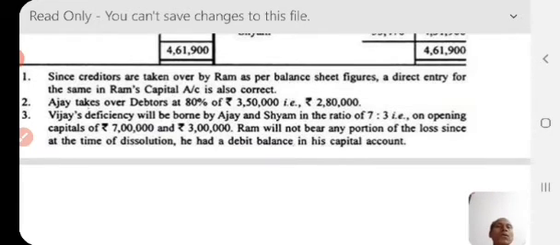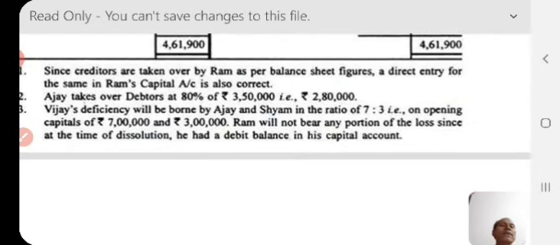So on book value, 80% of debtors is taken by Ajay. And Vijay's deficiency will be borne by Ajay and Sham in the ratio of 7:3, on opening balance capitals of 3 lakhs and 7 lakhs. Ram will not bear any portion of the loss since at the time of dissolution he had a debit balance.